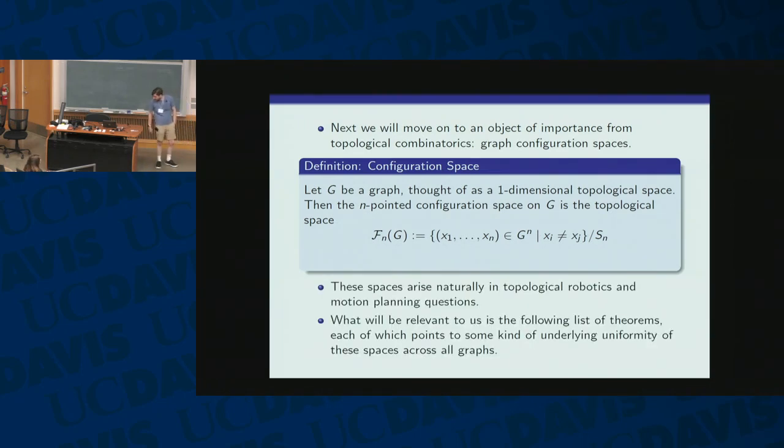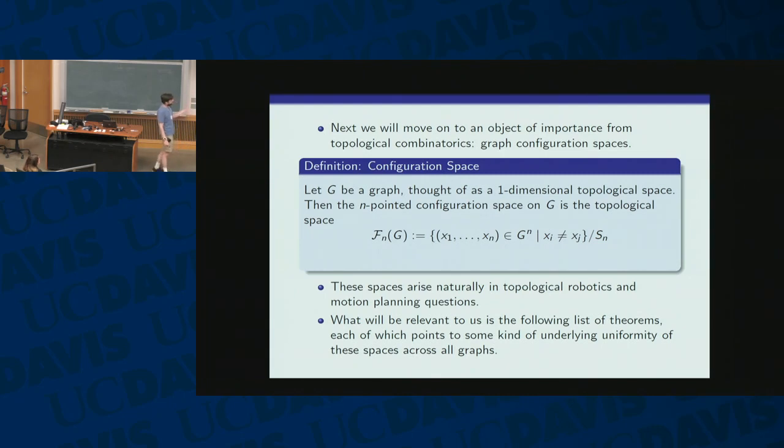So when people talk about configuration spaces, they're usually talking about things based on work going back to Arnold, which is configuration spaces of higher dimensional manifolds and varieties and stuff like that. And that's a really beautiful theory. Thinking about configuration spaces of graphs was not really a big thing until the early 2000s.